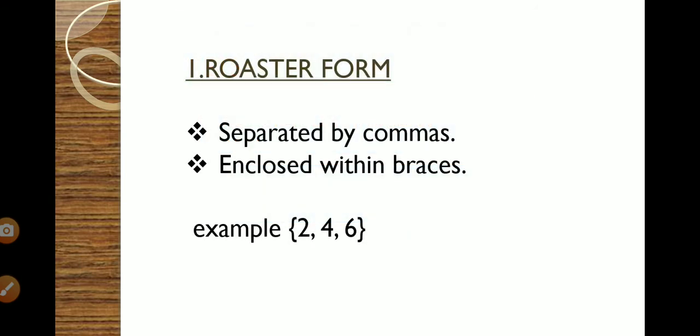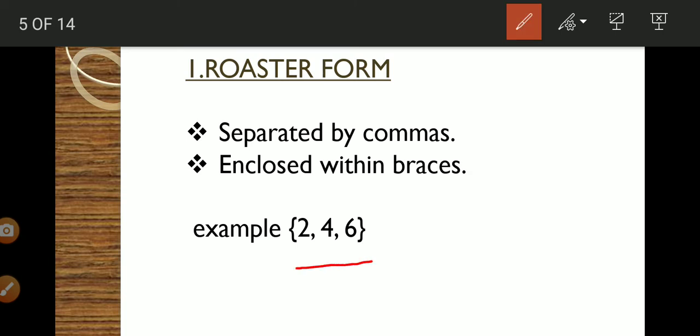If all the elements of a set are listed, the elements are separated by commas and enclosed within braces. Example: the set of all even integers less than 7. All even integers less than 7 means we write 2, 4, 6. It is in the roster form.